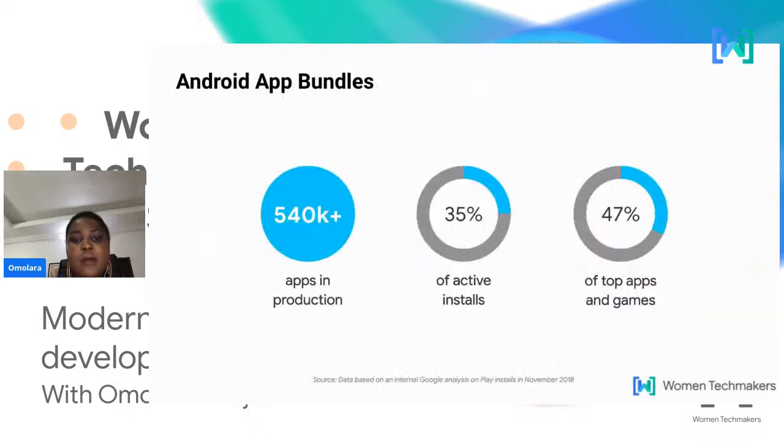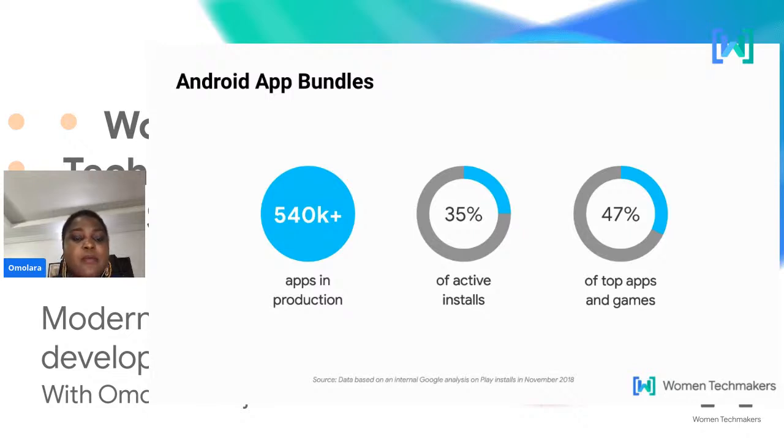So many people have adopted this publishing format already, that is AAB, ignoring the APKs. We have over 500,000 apps in production already using Android app bundles, and 35% of active installs right now are of apps that use Android app bundles.